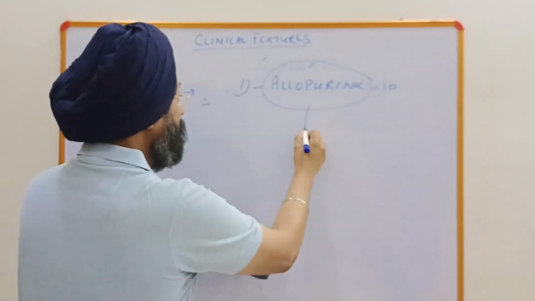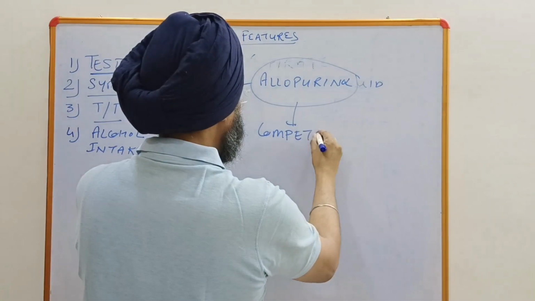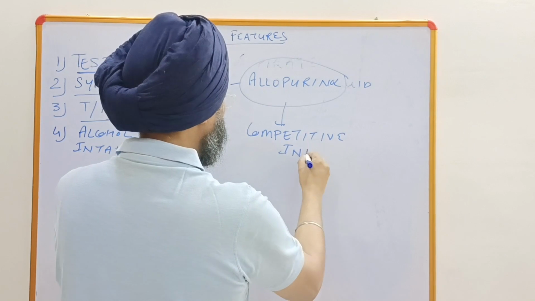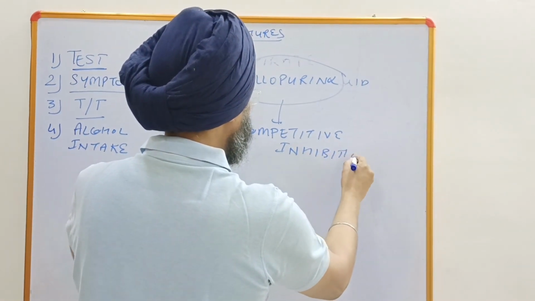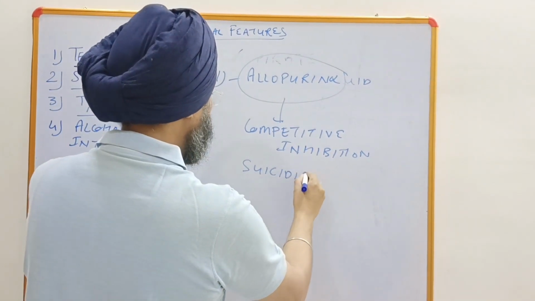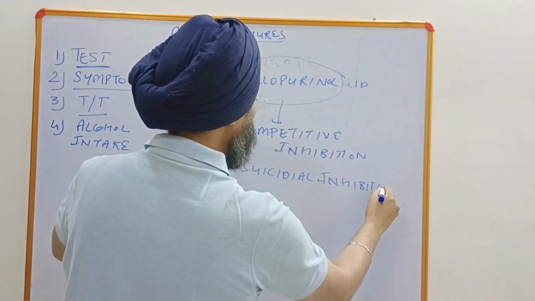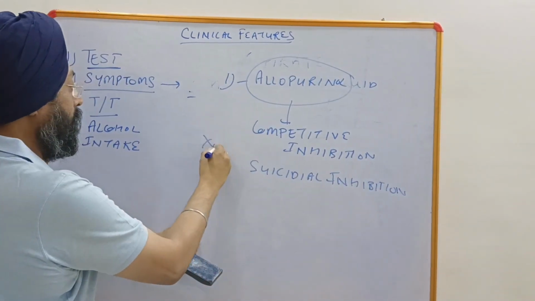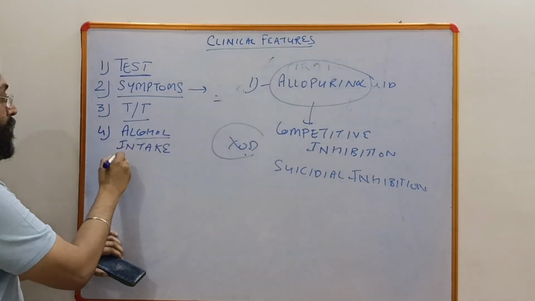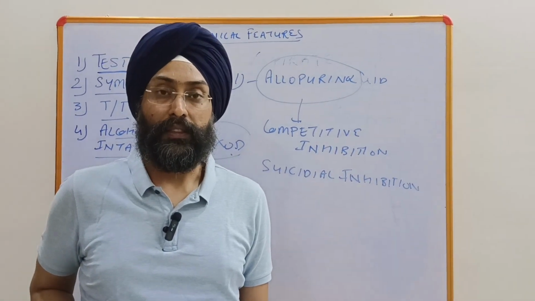Allopurinol causes competitive inhibition and suicidal inhibition of xanthine oxidase, right?